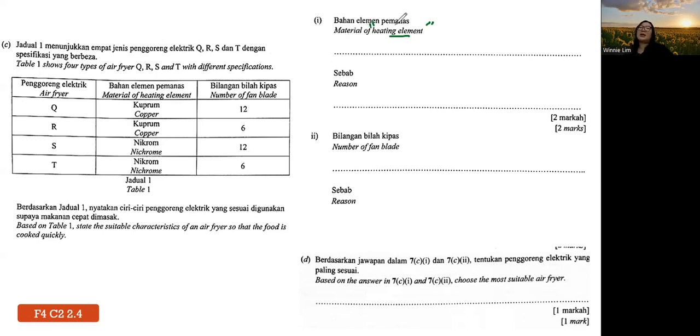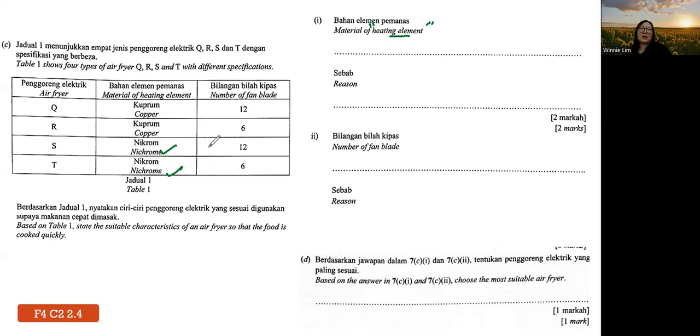In a heating element, we want it to produce more heat, so we need high resistance. Copper and nichrome: nichrome has high resistance. Copper is a good conductor with low resistance, so less heat is produced. So we won't choose copper. But we need copper for electric cable, your handphone charger cable, transmission line.